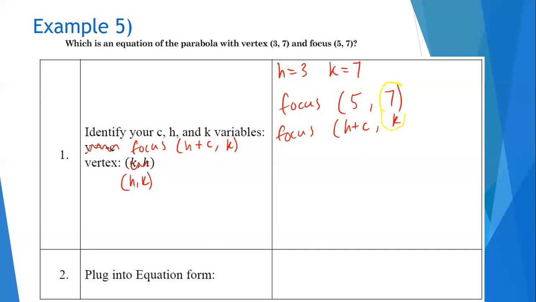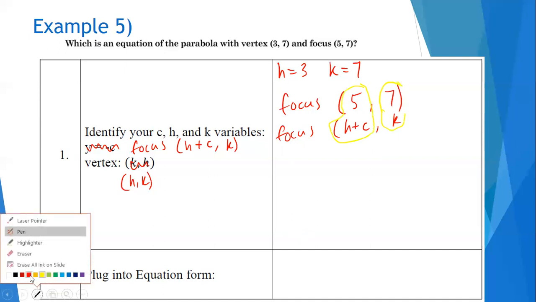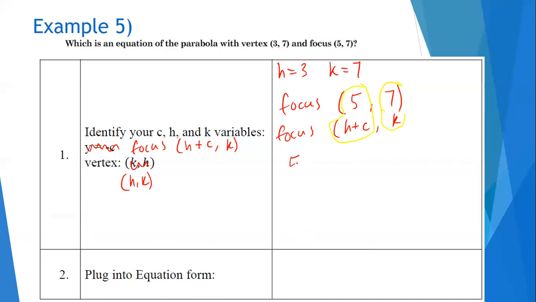Yep. So therefore, 5 should equal h plus c. We know h is 3, so 5 equals 3 plus c. So c has to equal 2.